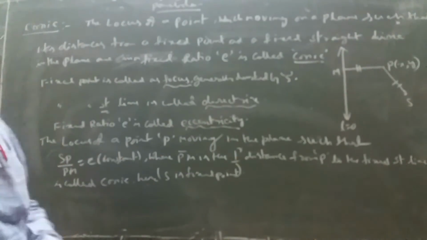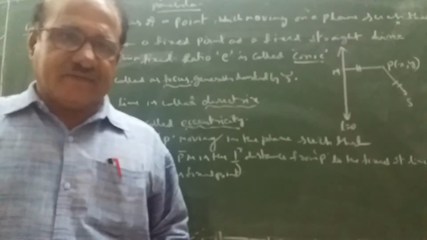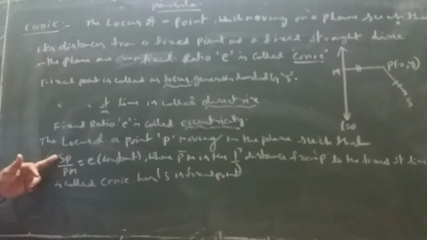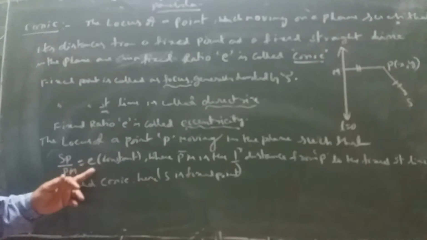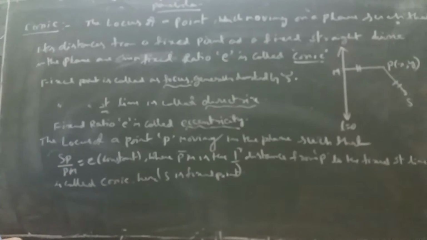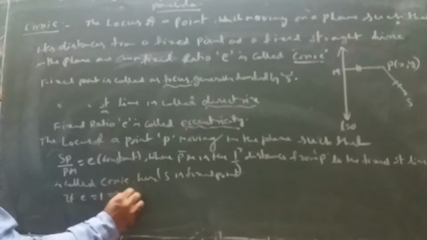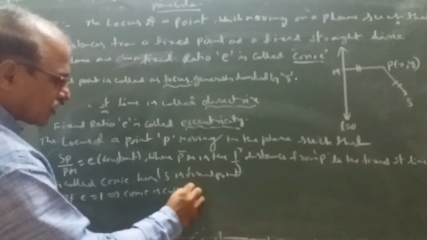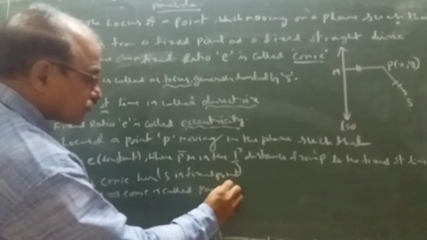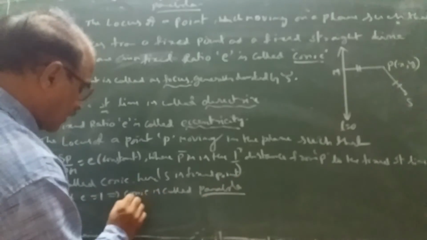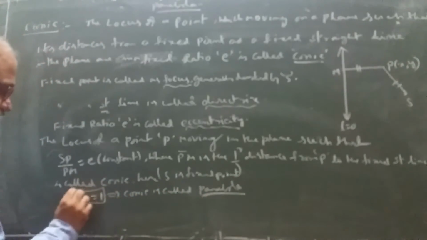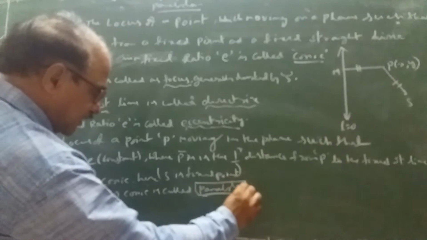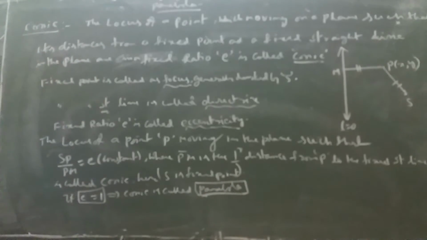Here, we have to discuss E. The ratio of SP and PM is equal to E, which is fixed. If E is equal to 1, then the conic is called a parabola.